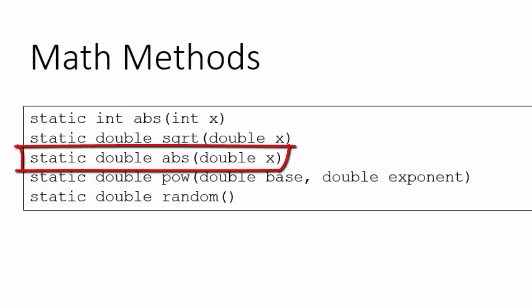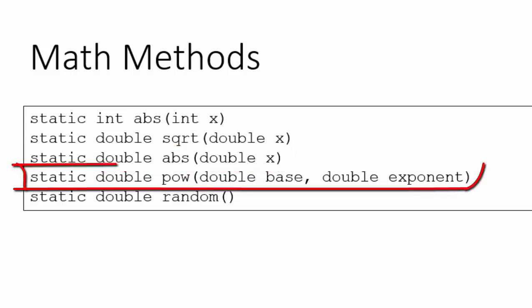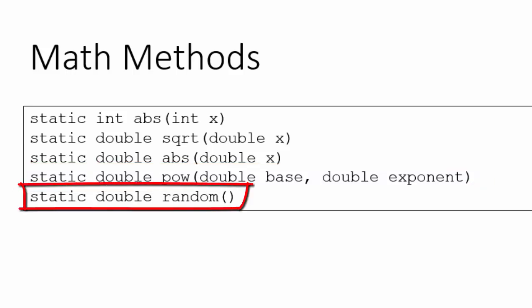There is a second absolute method which works the same as the first, but accepts double values and returns double values. The power or pow method accepts two doubles. The first is the base and the second is the exponent, then calculates and returns the base raised to the exponent as a double value. The last method, random, generates a random number between 0 and 1, but not including 1.